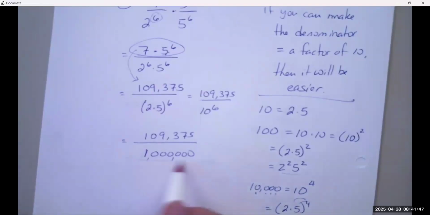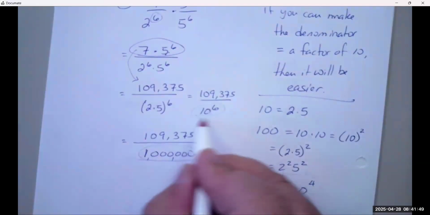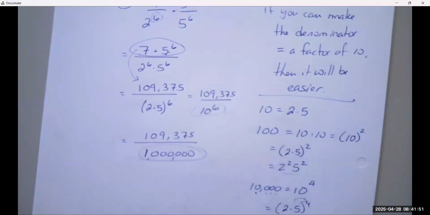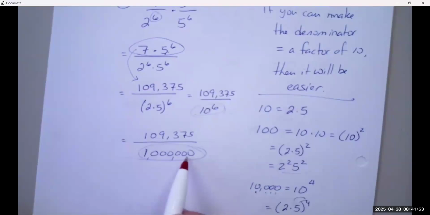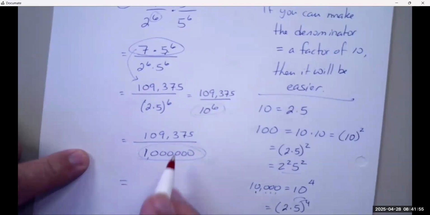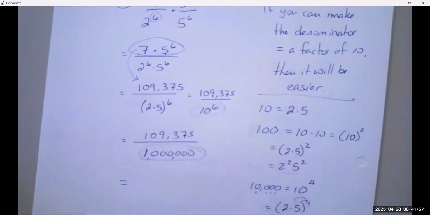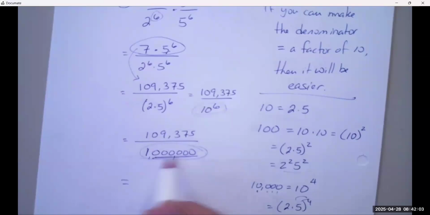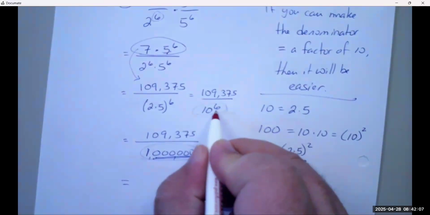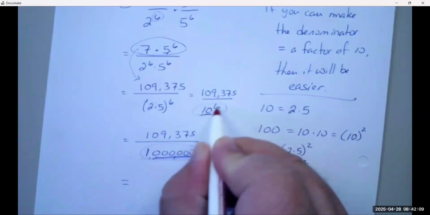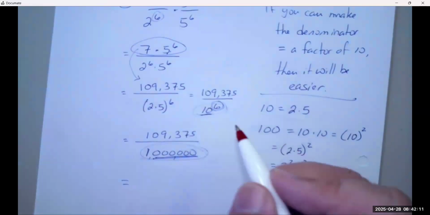You notice how this number and this number are the same thing. So when you have 6 zeros, how many spaces in which direction do we move the decimal? Yeah, since there's 6 zeros, move it to the left 6 times. Now we see this. If we have a base 10, move it 6 spaces to the left.